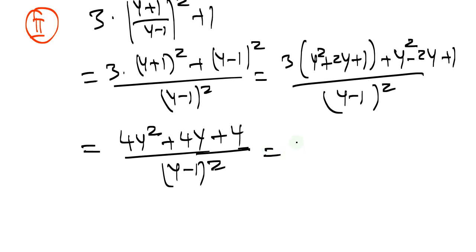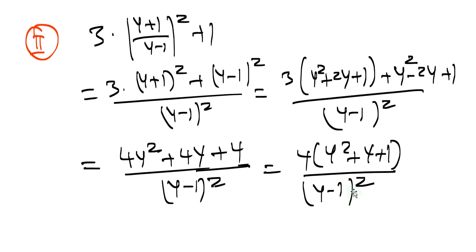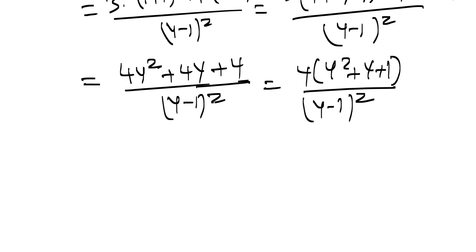So this would become 4 times (y squared minus y plus 1) divided by (y minus 1) squared. Okay, cool. And then we're going to organize our answer.